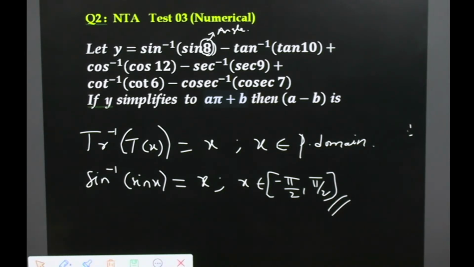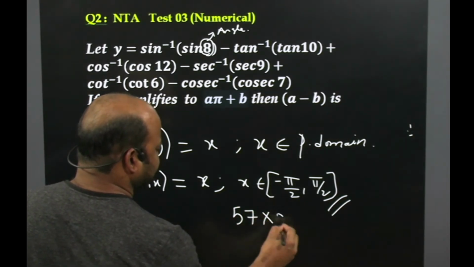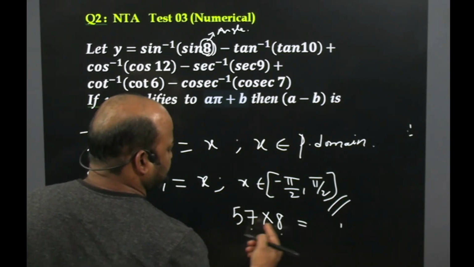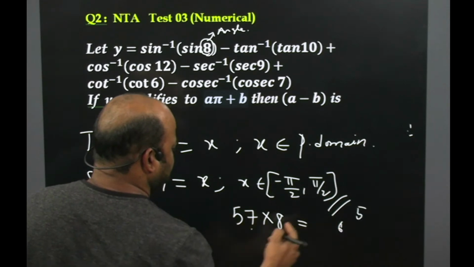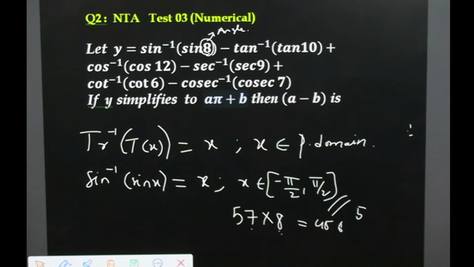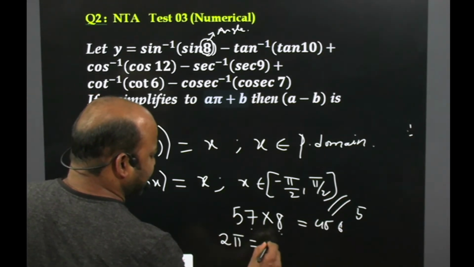Look at 8, meaning 8 into 57. Nearly how much is it? 8 into 57, nearly 456. 456 means, what is the meaning of it? 2 pi is 360.